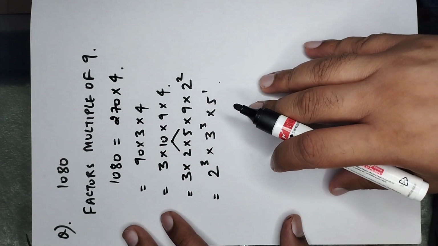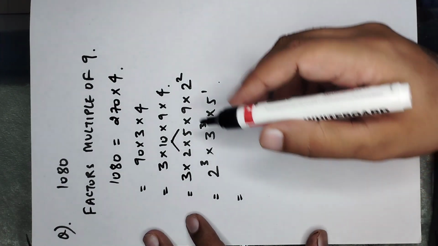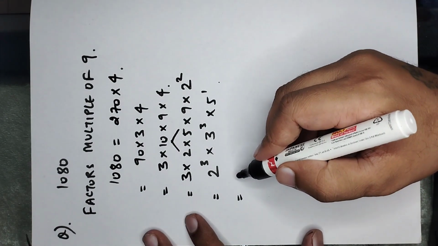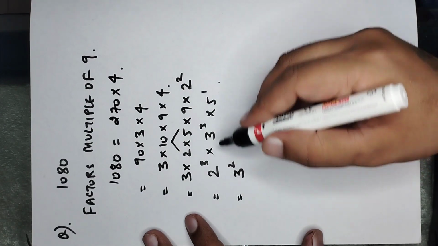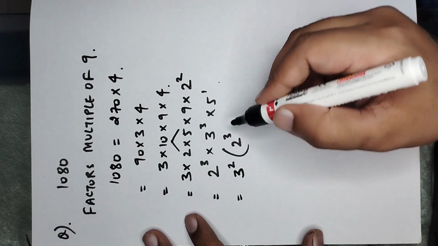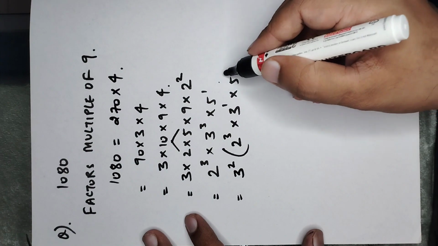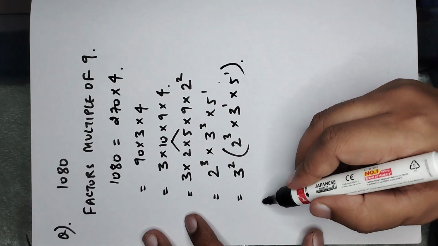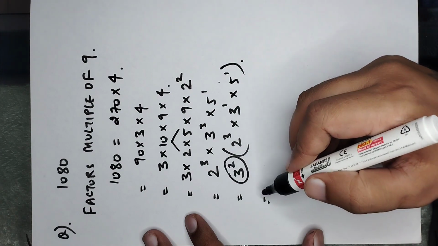Now as the question is based on finding the factors that are multiples of 9, so I can say that 9 means 3 square. So what I have to do, I have to take 3 square common out of all these factors. Now the numbers remaining inside is 2 cube multiply 3 raised to the power 1 multiply by 5 raised to the power 1. Now taking out common, we don't have to include the power of this number.